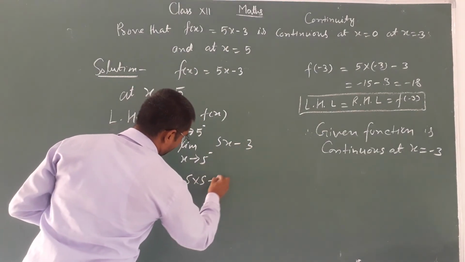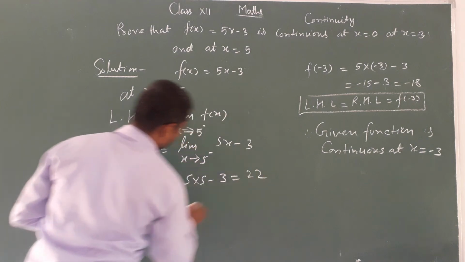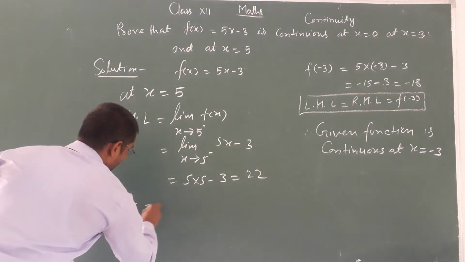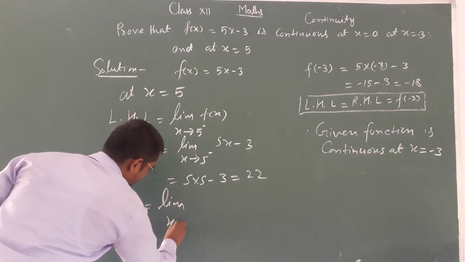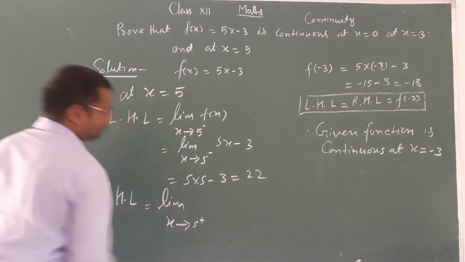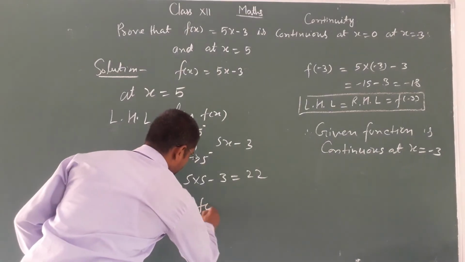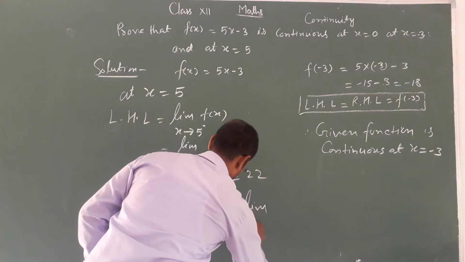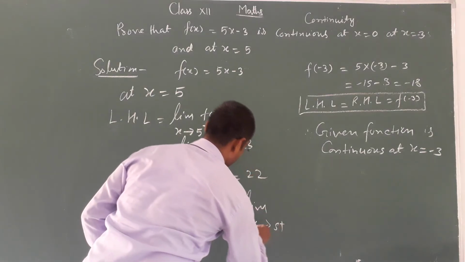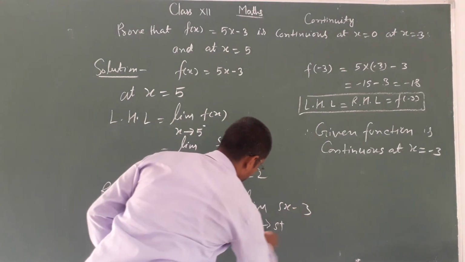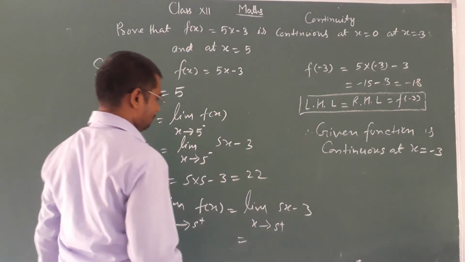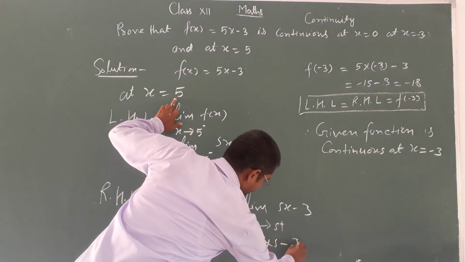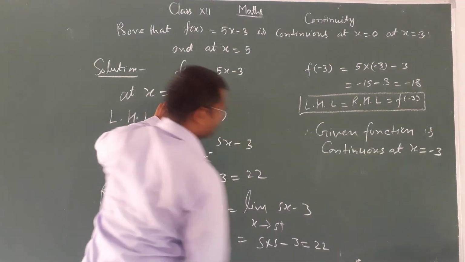And the right hand limit is the limit as x tends to 5 from the right of f(x), which is 5x minus 3. So putting the value x equal to 5, 5 into 5 minus 3 is equal to 22.